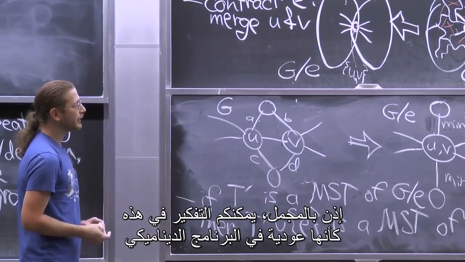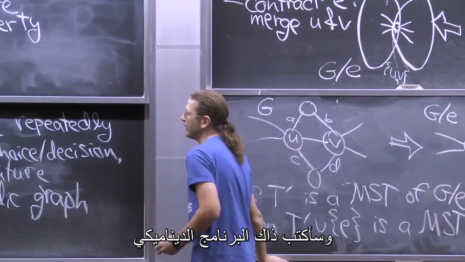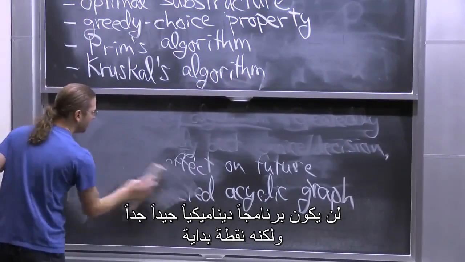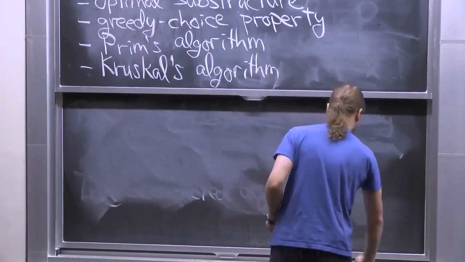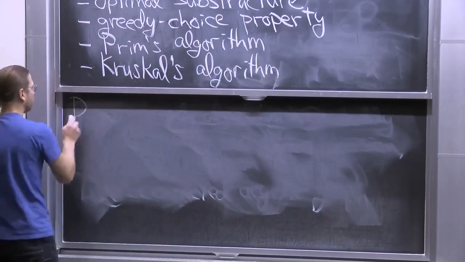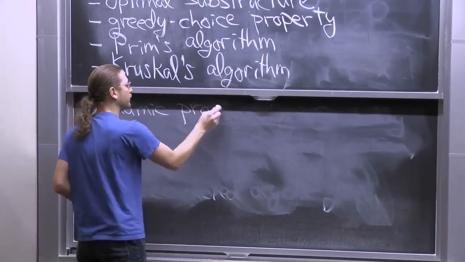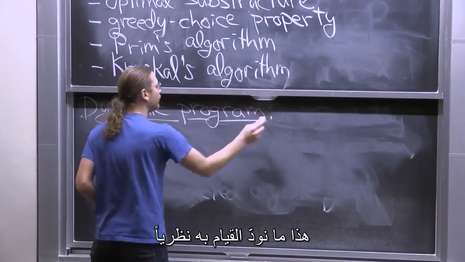So overall, you can think of this as a recurrence in a dynamic program. Let me write down that dynamic program. It won't be a very good dynamic program, but it's a starting point. This is conceptually what we want to do.